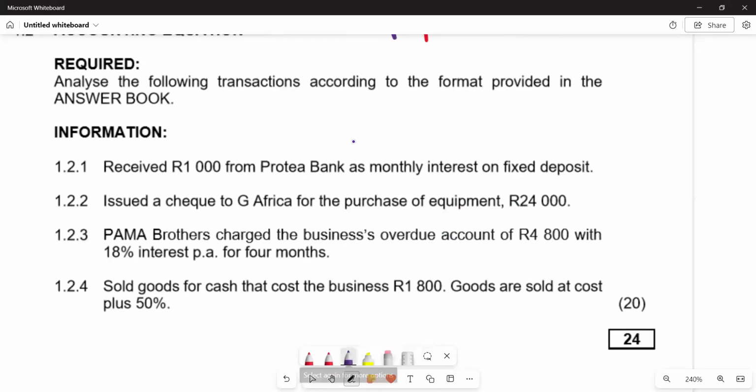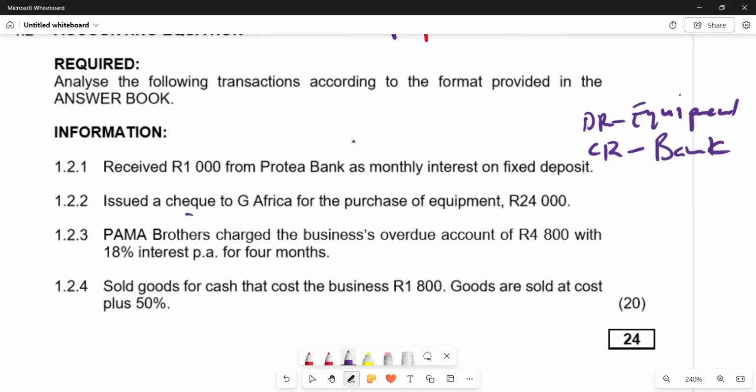On 1.2.2, we are saying issued a check to G Africa for the purchase of equipment, 24,000 rand. So let's put down the double entry first. We are purchasing equipment, so we are debiting equipment. And we are crediting bank because we are using a check, paying using the bank.